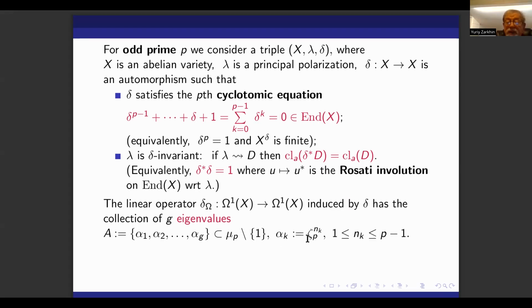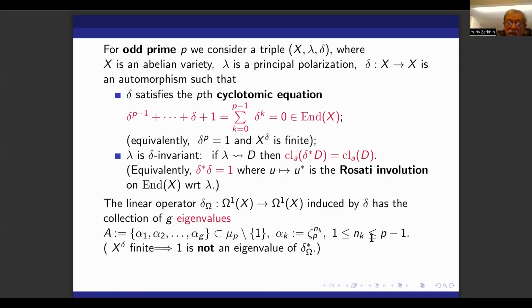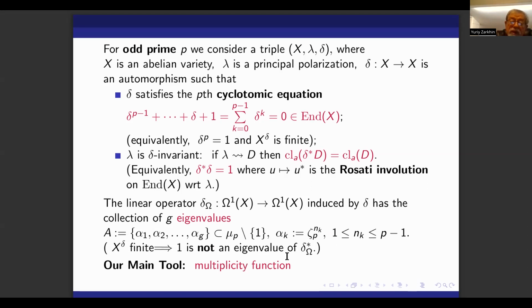So each alpha_k is of the form zeta_p raised to some power n_k, where n_k is an integer between 1 and p-1. Again, X^delta finite means that 1 is not an eigenvalue of delta_Omega.